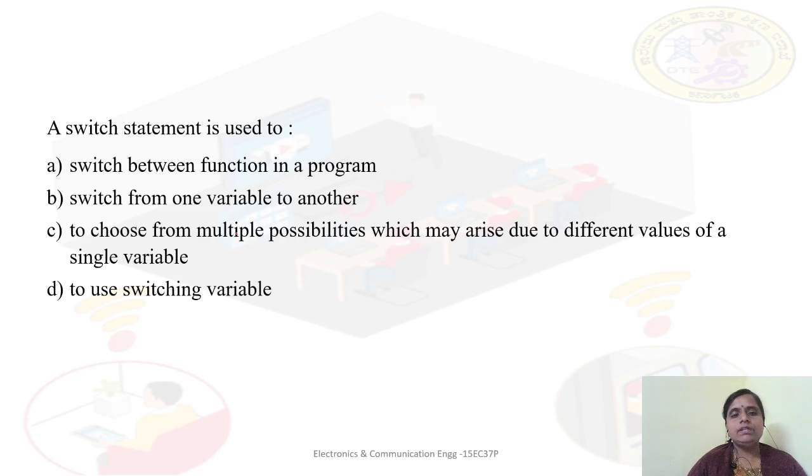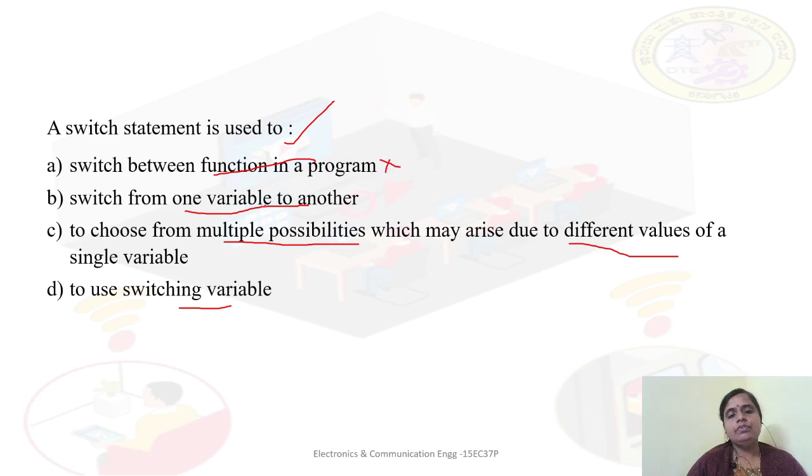Next, a switch statement is used to. Why do we use a switch statement? Switch between the functions, switch from one variable to another variable, to choose from multiple possibilities which may arise due to different values of the single variable, or to use a switching variable. Which is correct now? It is not used to switch from one function to another function, so this will of course be wrong.